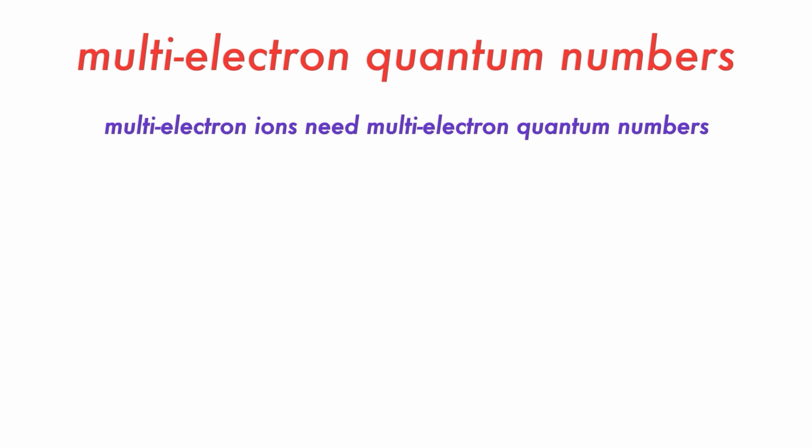Recall that the lowercase quantum numbers define a single electron as per the Pauli exclusion principle. Here we are dealing with multiple electron ions. They will have multiple unpaired electrons, to which we will need to assign quantum numbers to the entire ion, which will describe more than one unpaired electron.